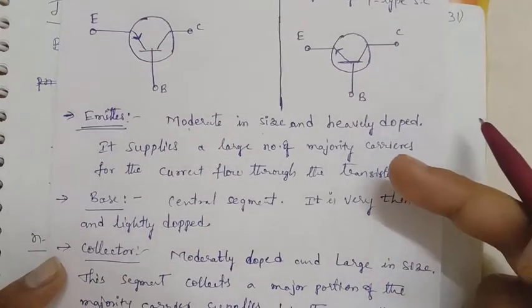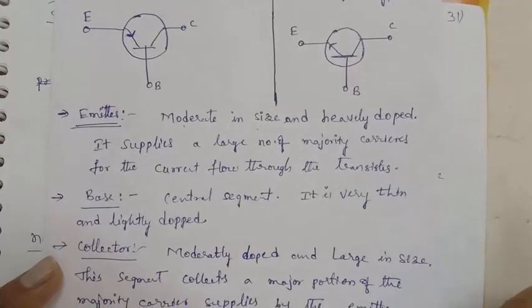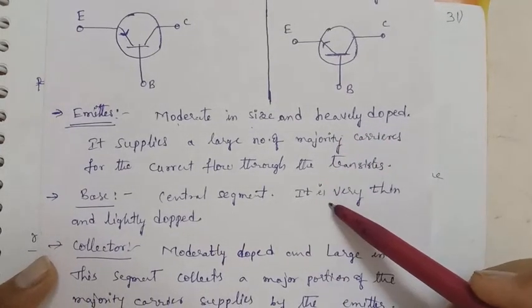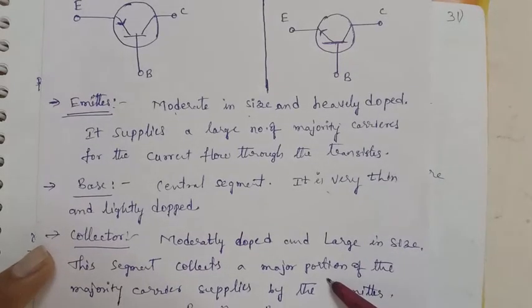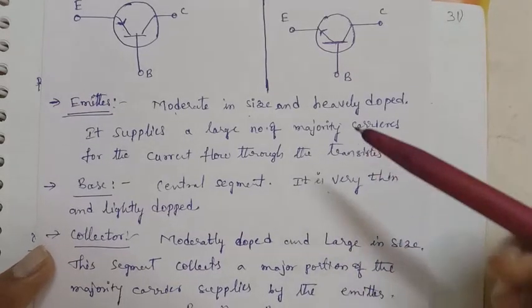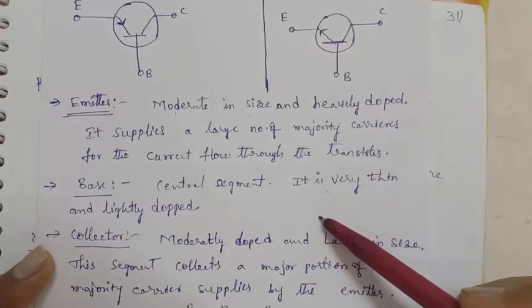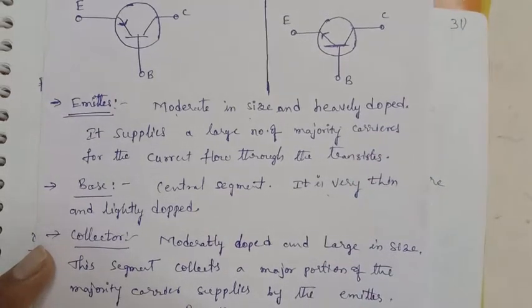In doping, the emitter is heavily doped, the base is lightly doped, and the collector is moderately doped. In size, the emitter is moderate, the base is very thin, and the collector is large.